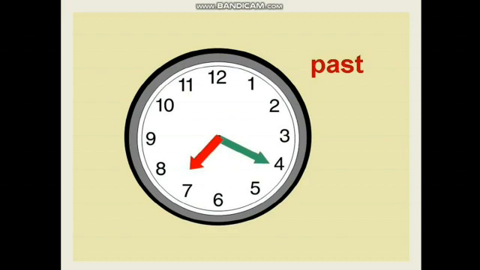But what about when it's in the middle of a quarter and past? So here, because the longer hand hasn't crossed 6, we'll say the expression "past." So it is 20 past 7. What about if I put the longer hand on 8? The time will be 20 to 8.